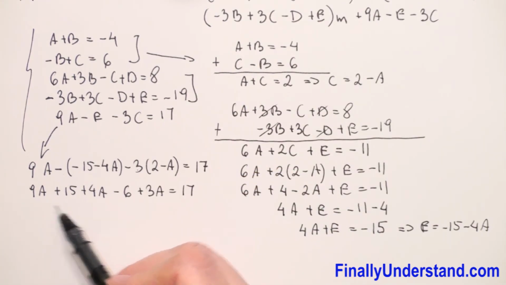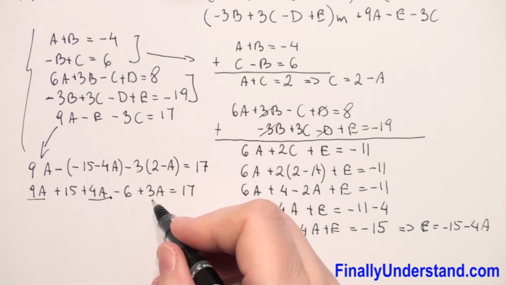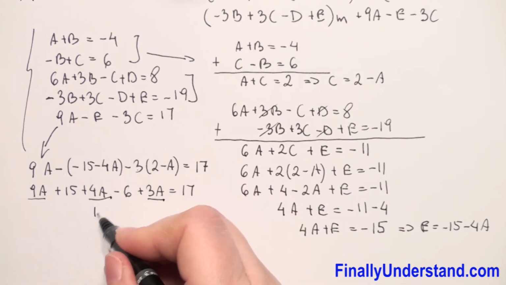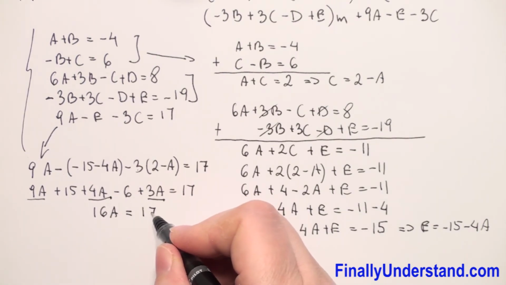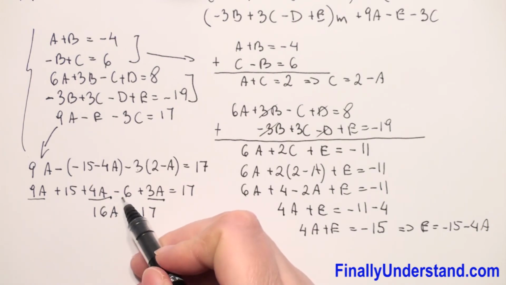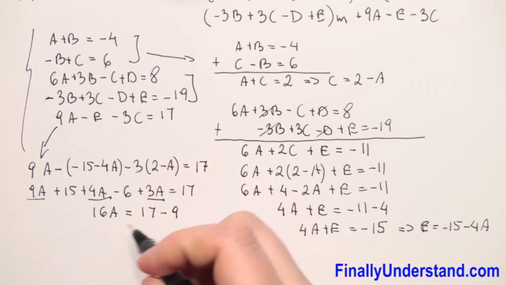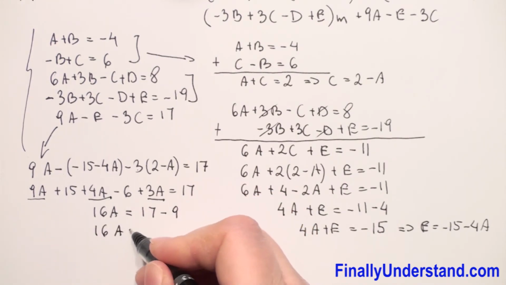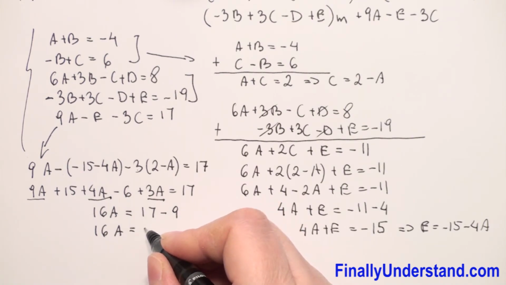We have 9a, 4a, 3a, so it's 16a. This is equal, and on the right side we have 17, and 15 minus 6 is 9. When I move to the right side will be minus 9. So 16a is equal 17 minus 9 is 8.